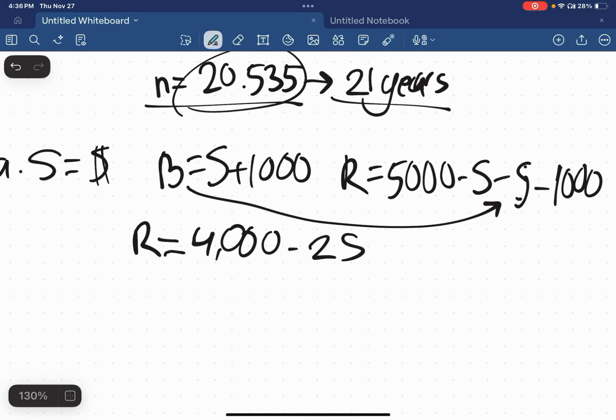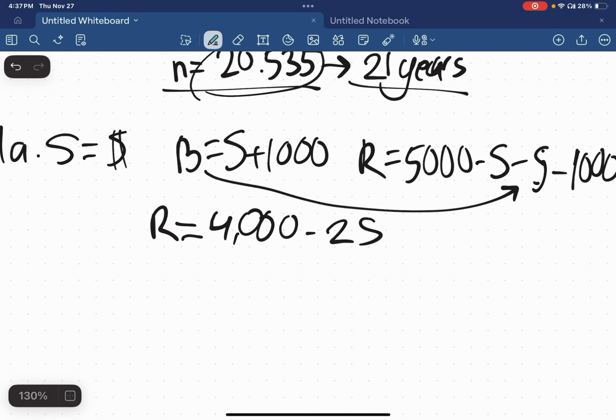Okay. Now it tells us that after 1 year, his savings account earns simple interest of 1.5%. So after 1 year, savings earn simple 1.5%, which means savings gain 0.015 times the amount of savings he had originally.